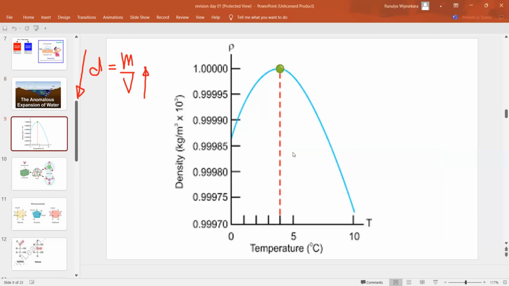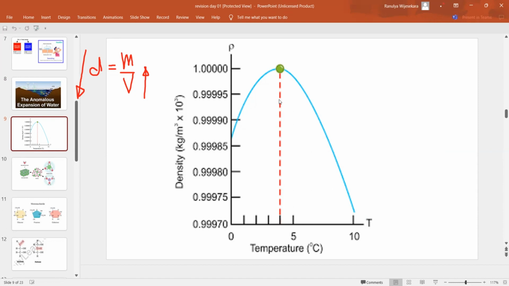This diagram shows that when the temperature decreases, what happens? Volume increase. When the temperature decreases, volume decreases. As a result, density increases. But in water, right, this happens only up to 4 degrees Celsius. At 4 degrees Celsius, water has the highest density.